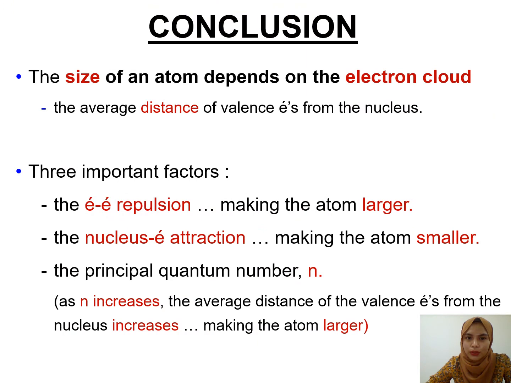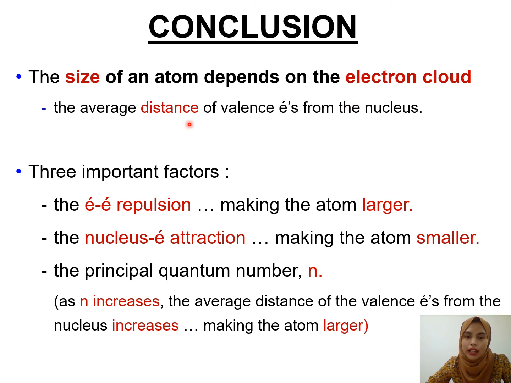Okay, to conclude almost everything, it is safe to say that the size of an atom, for an atom, not an ion, will always depend on the electron cloud. How do you know the electron cloud? We are talking about the attraction between the nucleus and the electron.